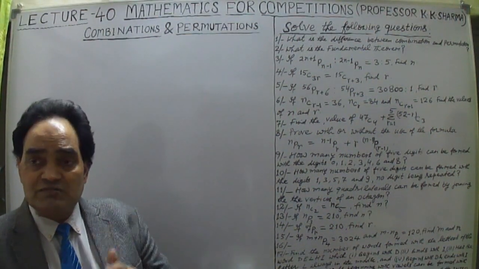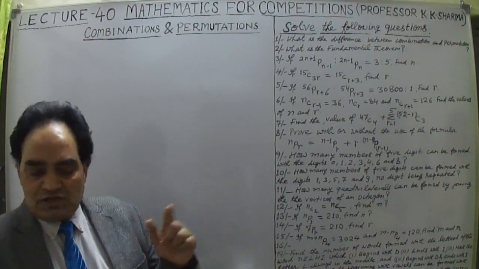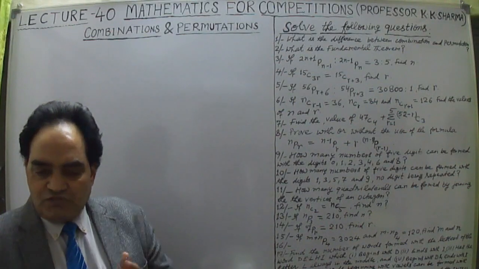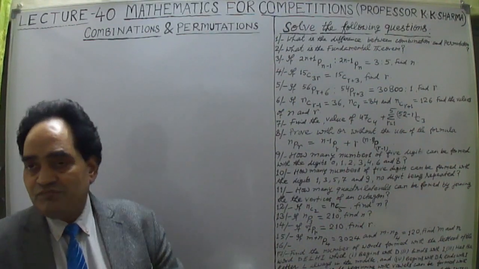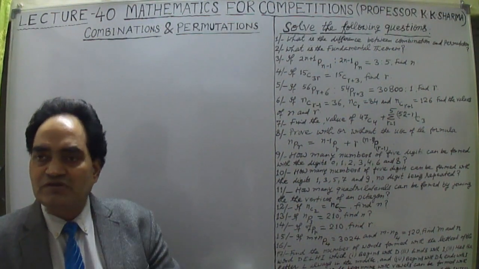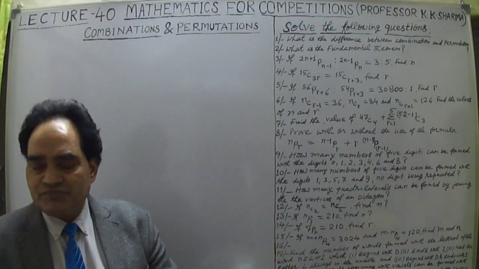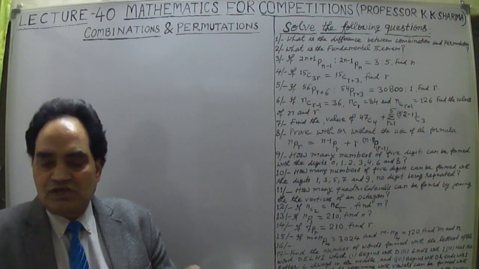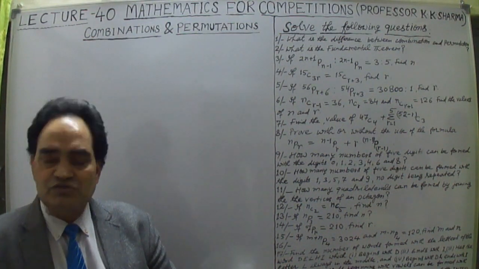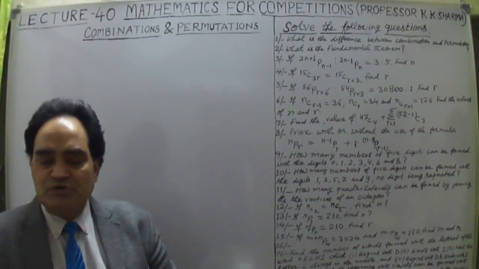Just to explain this topic broadly, I have taken these questions, and I wanted to take some formulae also which are very important to utilize. There are certain basic facts based on combinations and permutations that I'll take in the next lecture series. But before that, let me first start with what is combination and permutation, because this is a very important topic.